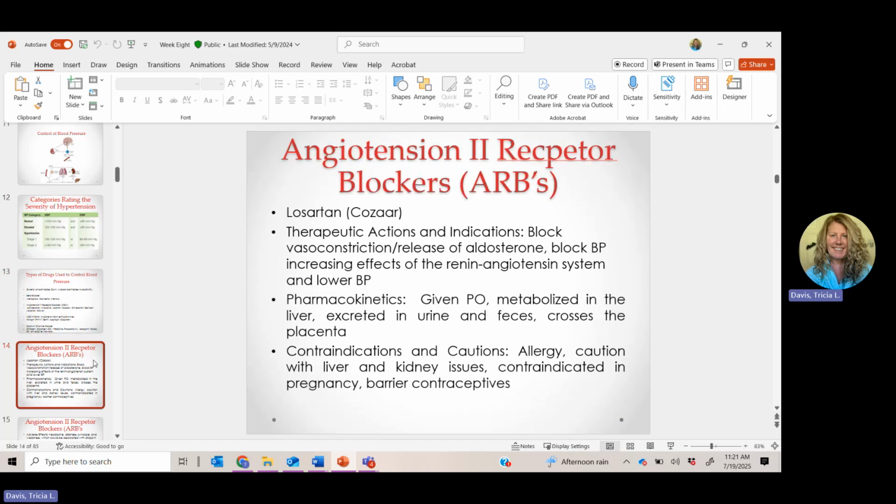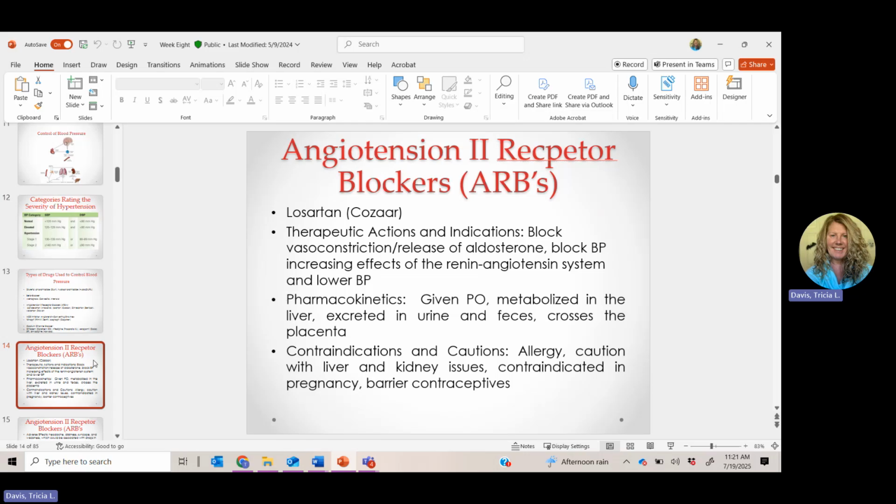So we're going to talk about our angiotensin 2 receptor blockers, our ARBs. So losartan in particular, this is a medication that blocks that vasoconstriction and that release of aldosterone, okay? So we just talked about that system. We talked about that vasoconstriction. How does it happen? We talked about the body releasing aldosterone, right?